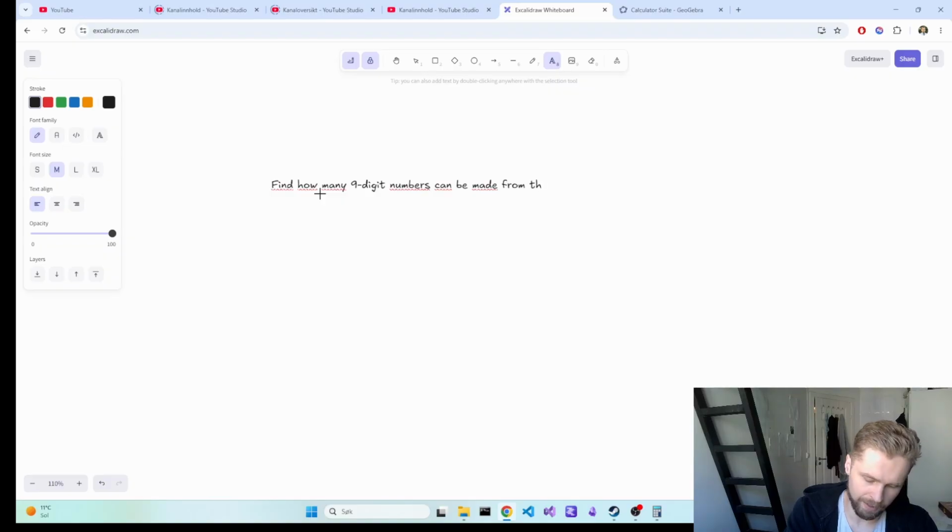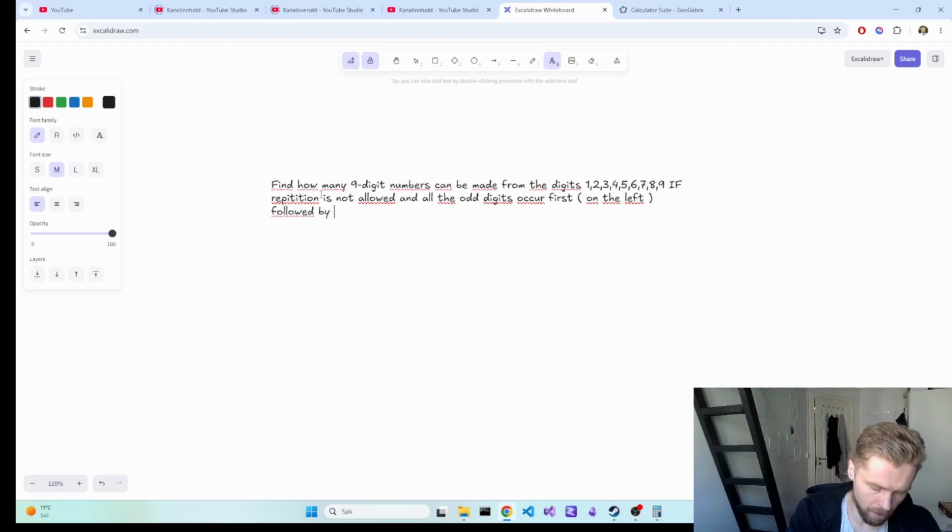Alright, so find how many 9-digit numbers can be made from the digits 1, 2, 3, 4, 5, 6, 7, 8, 9, if repetition is not allowed and all the odd digits occur first on the left and followed by all the even digits.